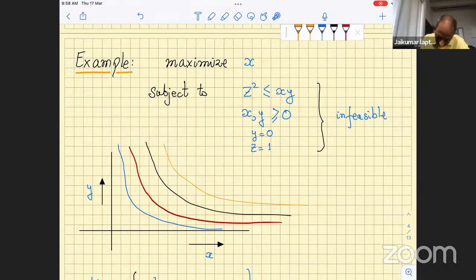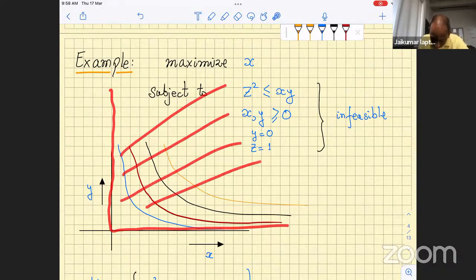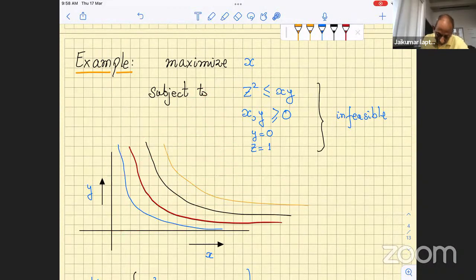When z is 0, we get a very degenerate situation. If you look at the equality here, then either x has to be 0 or y equal to 0. So when z is 0, we get everything to the right of this. I have not drawn the z-axis.